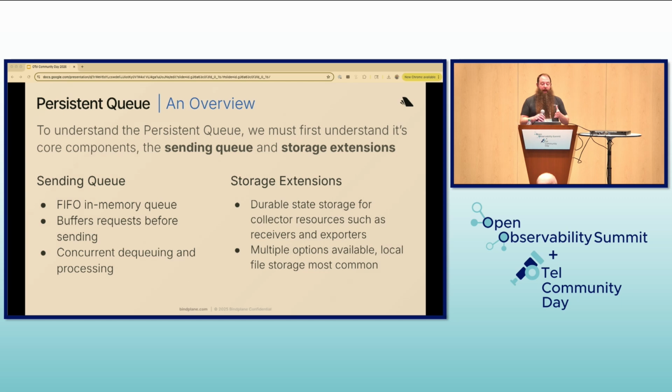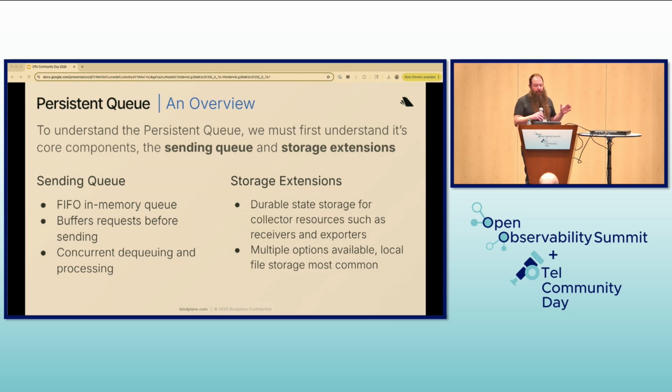Right? When we pair that up with a storage extension, we now have some durability with that. It's no longer based solely in memory. And so, again, that queue is actually living on disk in those situations where the collector would crash or there'd be issues.